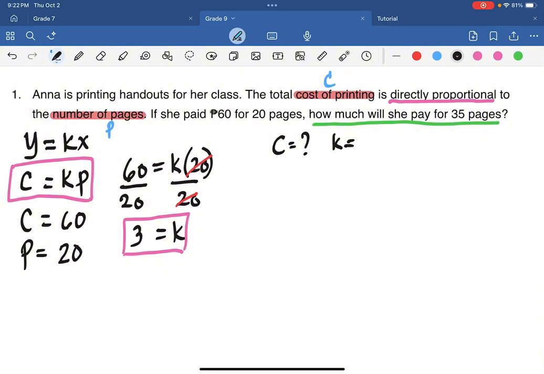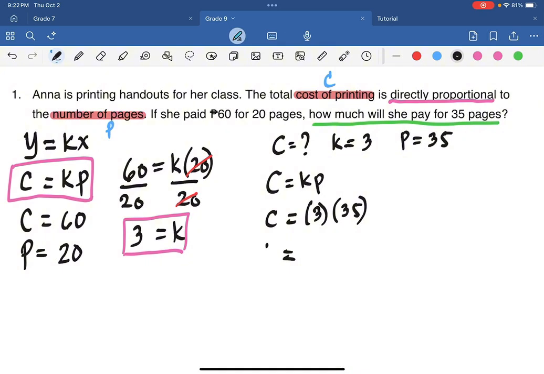K, the constant, is 3, and the number of pages, p, is 35. Again, our form is c equals k times p, so we can directly substitute the values of k and p. So c equals 3 times 35, and 3 times 35 is 105. Based on this, the cost of 35 pages is 105 pesos. And this is our answer.